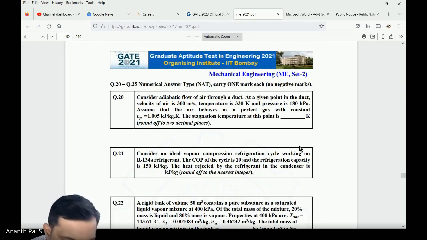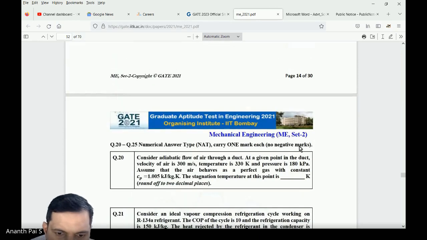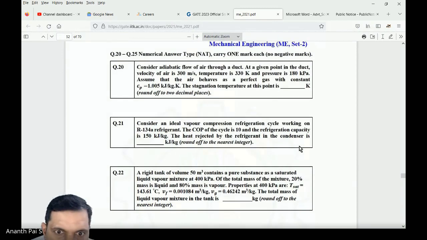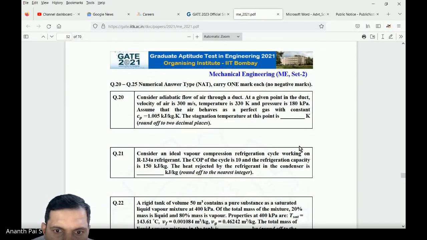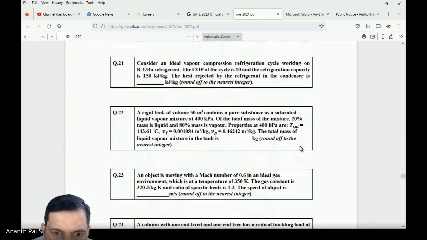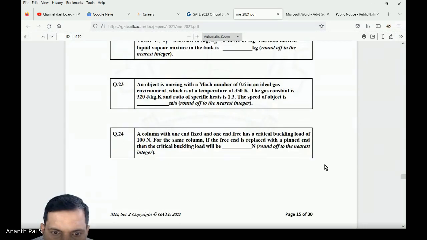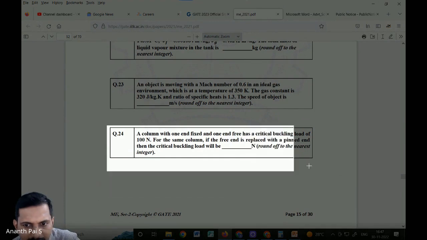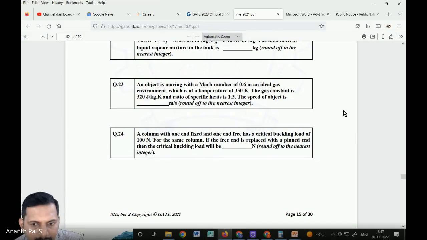Yes, this one. A column with one fixed end and one free end has a critical load of 100 Newton.